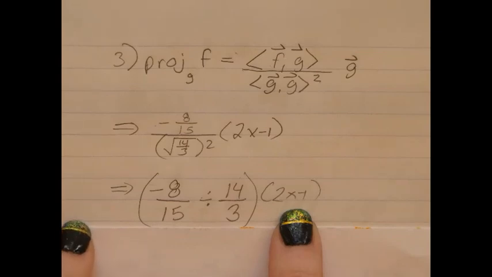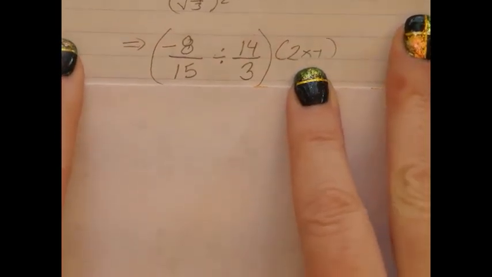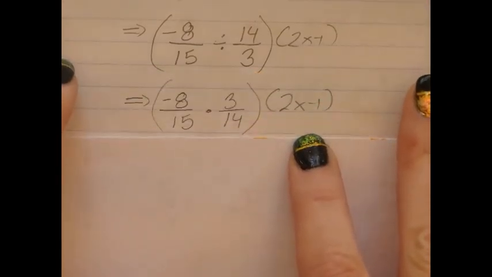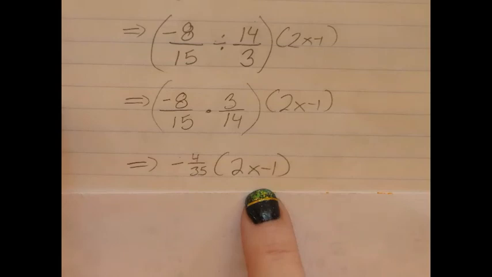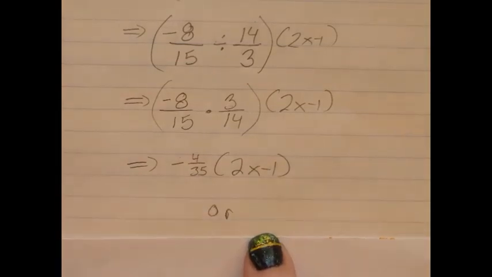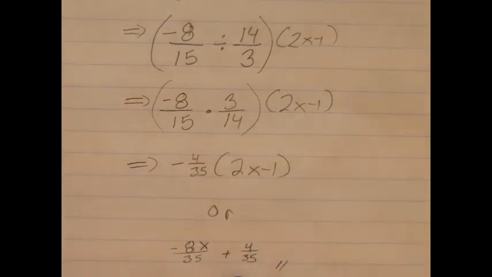Still have this times 2x minus 1. Multiply by the reciprocal, reduce, and then you can leave it here if you want, or you can go ahead and distribute the negative 4 over 35. Either way, that's fine, whatever the book wants.